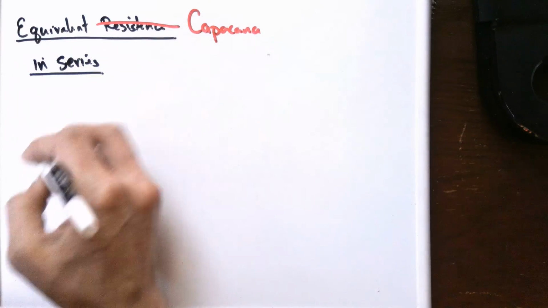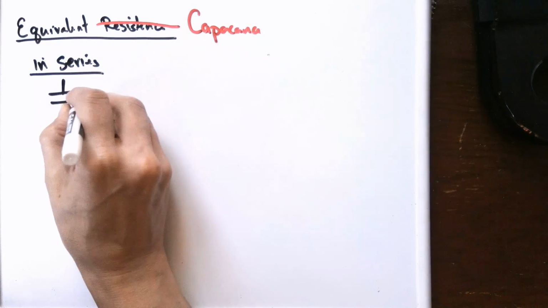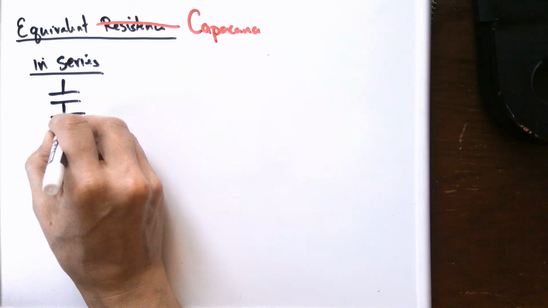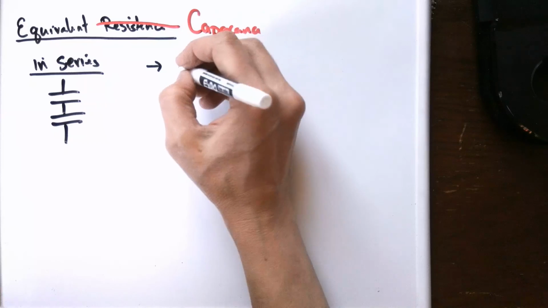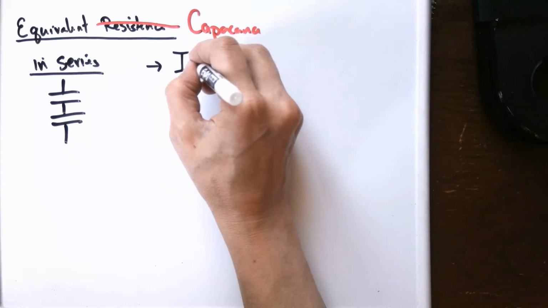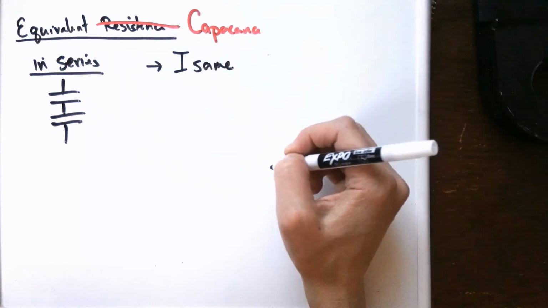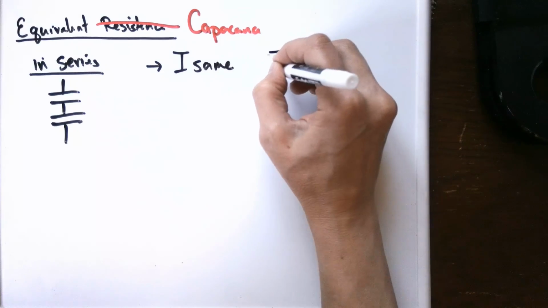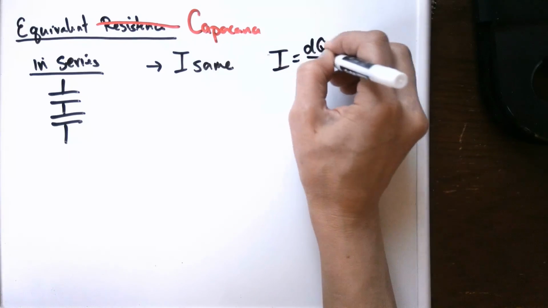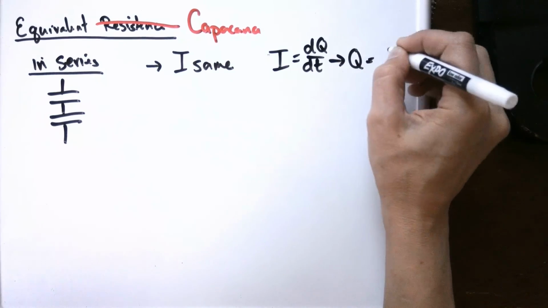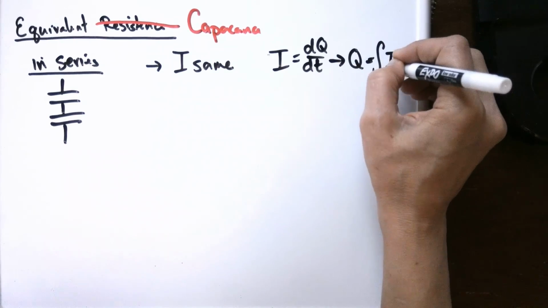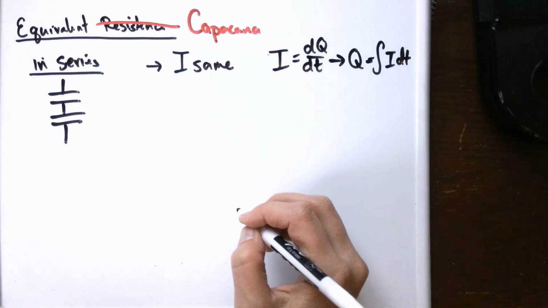In series, so that is you have a capacitor and a capacitor just lined up like this. Things that are the same? Well, the current's the same. But current, of course, is the change in charge over time. So if we want to go the other way, the charge would be the integral of the current.